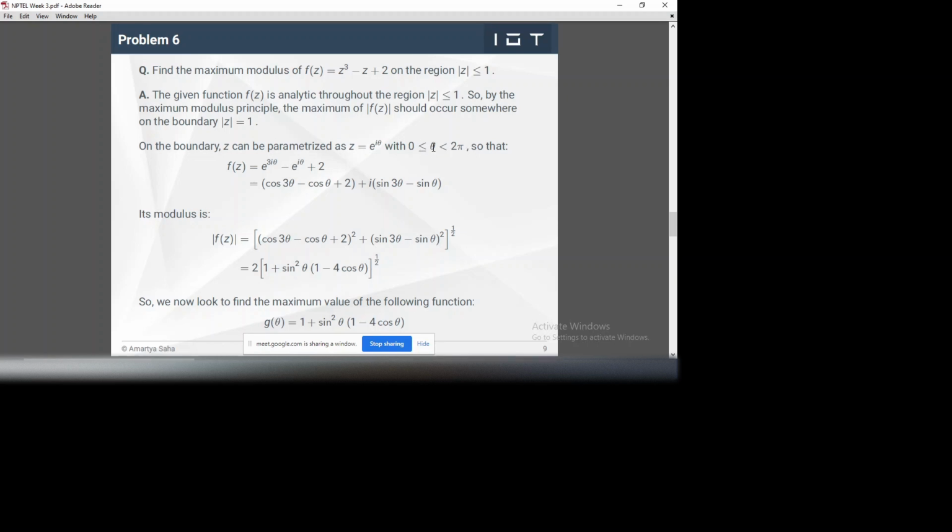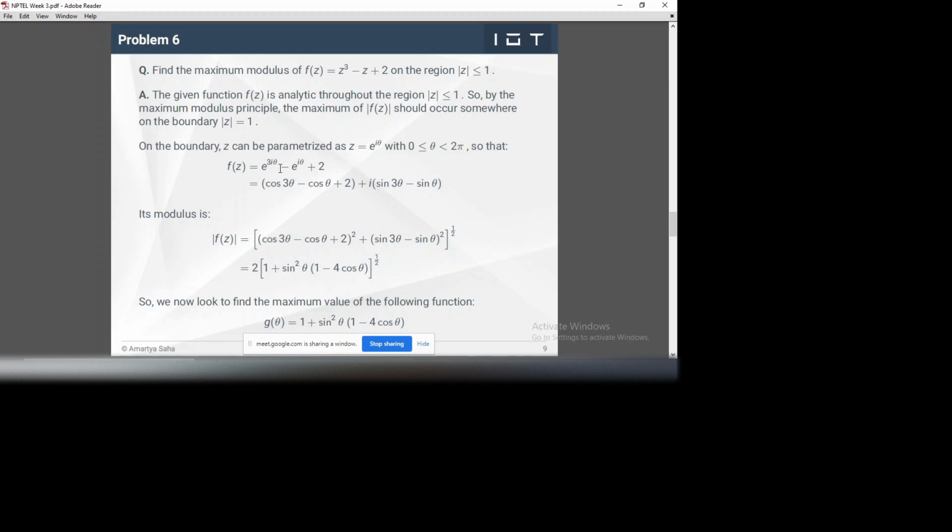Please look at this inequality. Theta can take the value 0, but not 2 pi, because theta equal to 0 and 2 pi are the same point. That is how we parameterize z on the unit circle. Now we'll substitute z equal to e to the power i theta in the function. So what do we have?